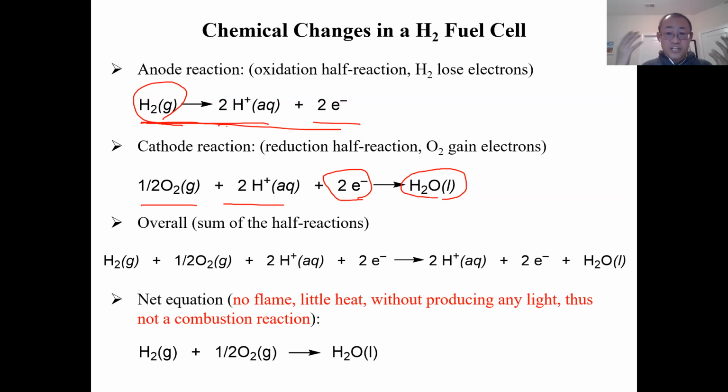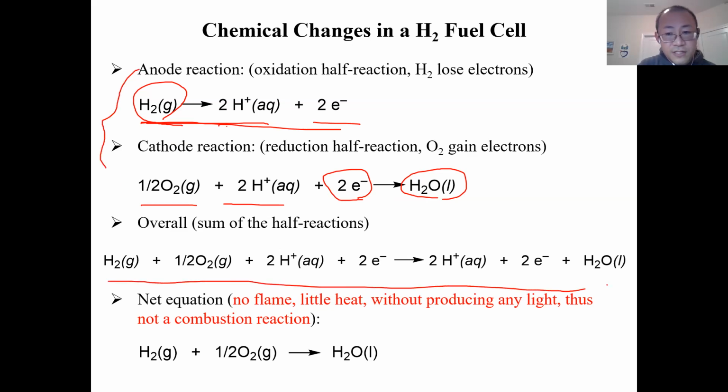Because the oxygen gained the electrons, we call this electrode the cathode, and the product at the cathode is water. If you add these two half reactions together, you get this. Add all the reactants and all the products together, then cancel the ones that are present on both sides. You can see we can cancel the hydrogen ions.